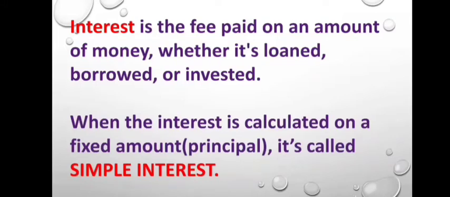Now, when the interest is calculated on a fixed amount of money, it is called simple interest. Otherwise, it is called compound interest.